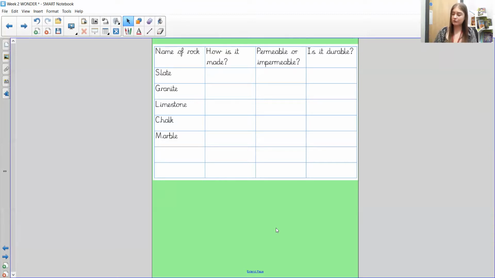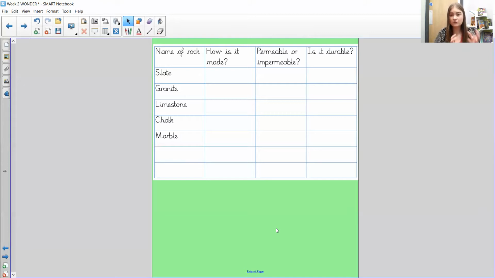I would do one at a time, put a rock in, and if bubbles start to come out from the rock, that is air coming out because the water's going in. So if the water's going in, that means that rock is permeable, because water can go in. If you want to, you can do that yourself. That's completely up to you whether you want to do it or not. You don't need to send me pictures, but if you do, I would love to see how it goes.